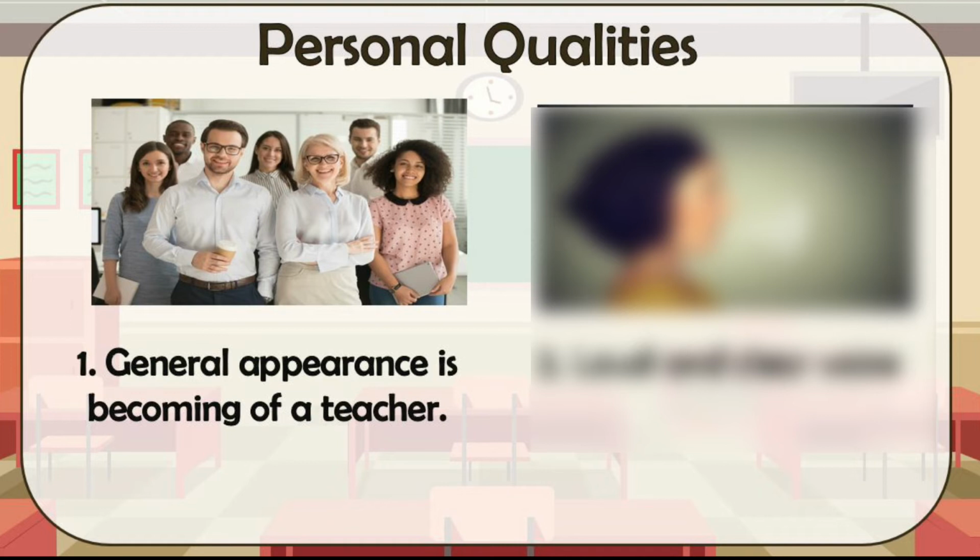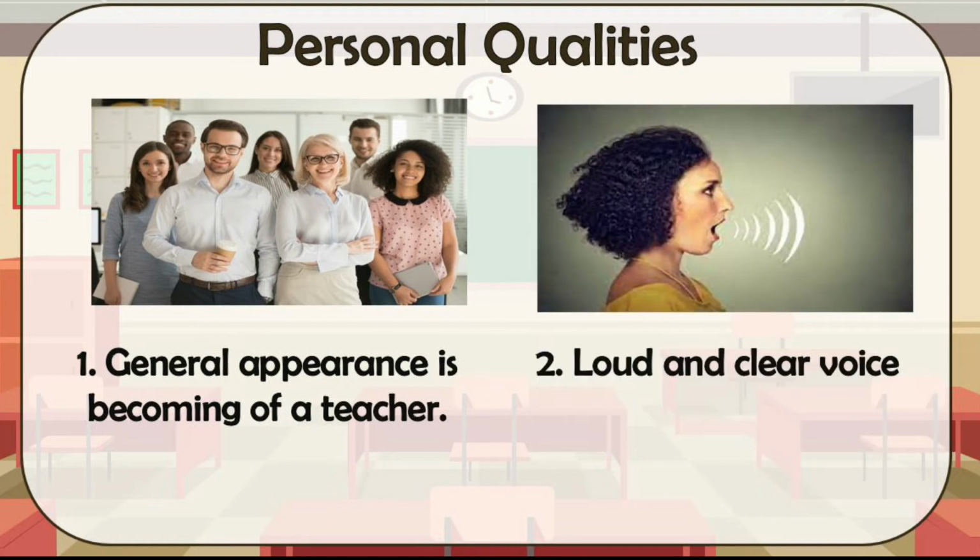The conversation about general appearance is so long. Let's move on to tip number 2. Loud and clear voice. Again, this is to make you audible, especially to the kids and observers at the back, and also to avoid misunderstanding. Like, you teach saying, "Good morning, class," but you can't be heard at the back. Then the students say, "Ma'am, we can't hear you, ma'am. What was that, ma'am?"